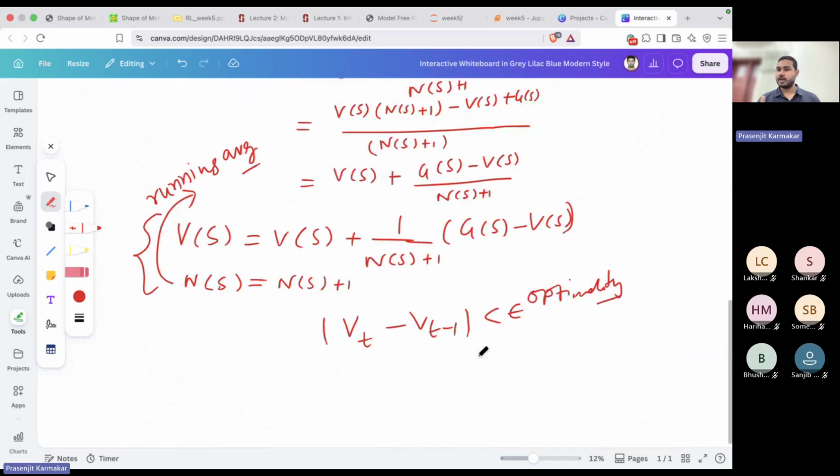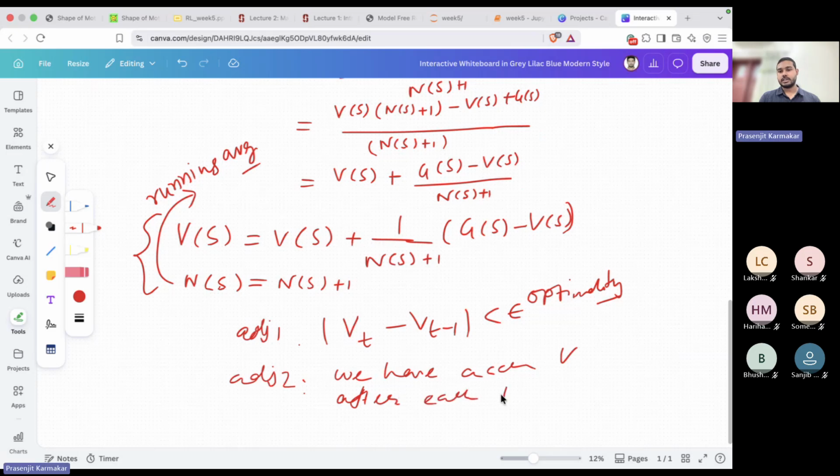So we can check for optimality, that's advantage one. And advantage two would be that we have access to V after each trajectory. So we don't have to wait for an entire data collection to complete, then have access to V. So it's more responsive in a way.